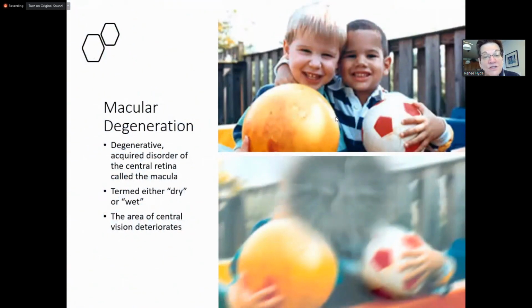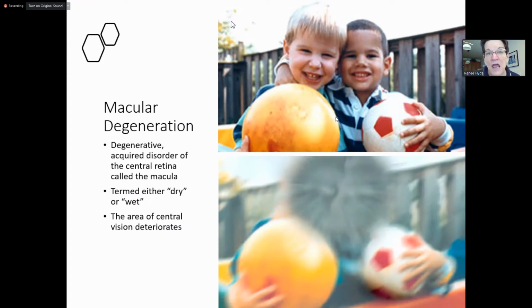It is a degenerative acquired disorder of the retina in a particular area called the macula. There are two types, either dry or wet. And what you see with these patients is they have an area of central vision loss.